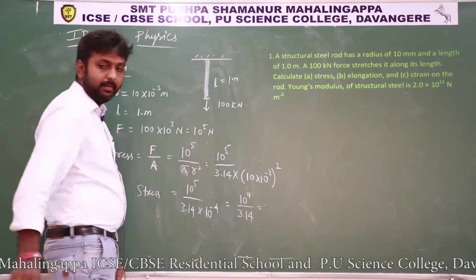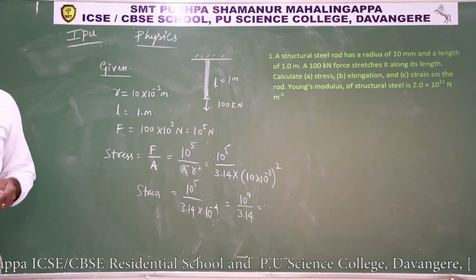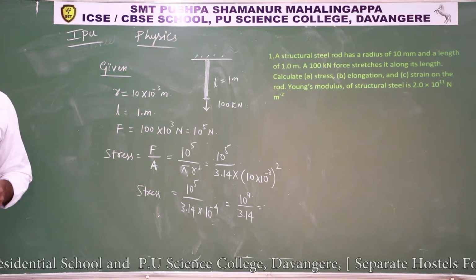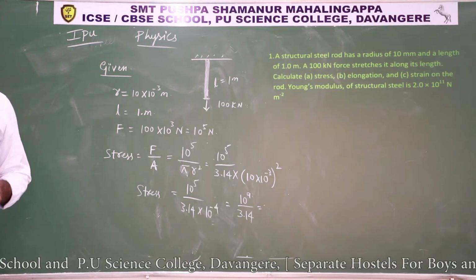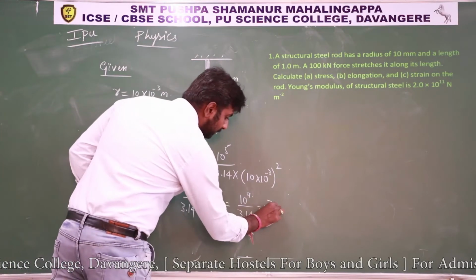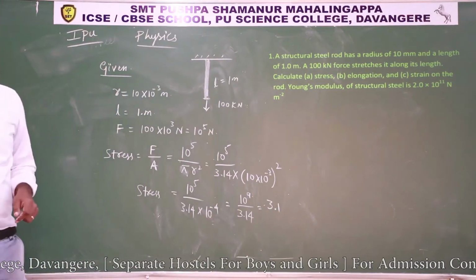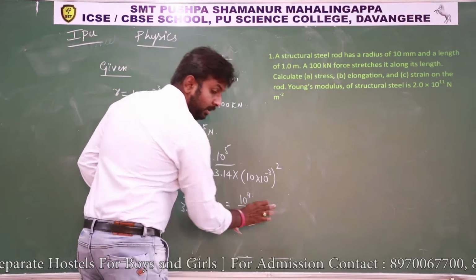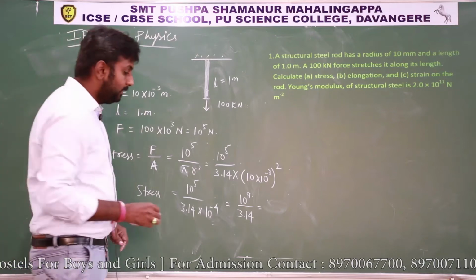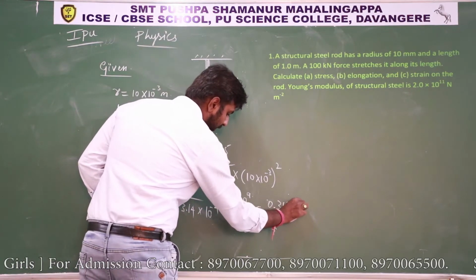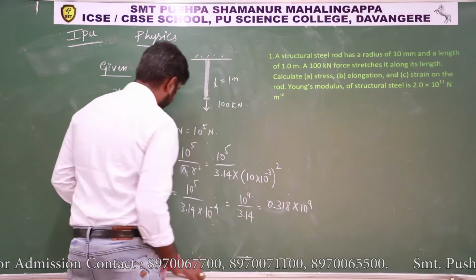Calculating 1 divided by 3.14, you get 0.318 into 10 to the power 9.